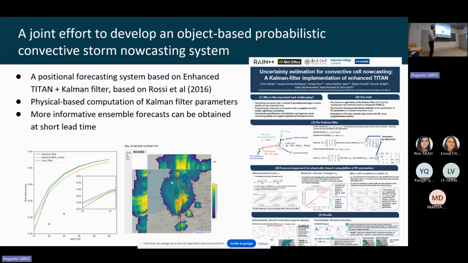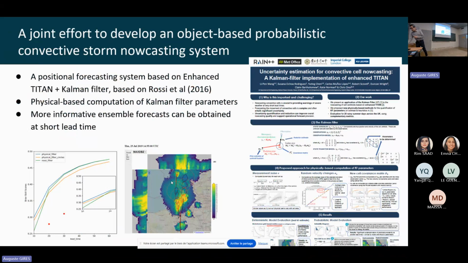In our case, we further analyzed historical data to derive how quickly uncertainty will grow and how to quantify it. So we derived this method in a more data-driven way instead of calibration. And in this work, we proved that with our approach, the prediction is more informative.